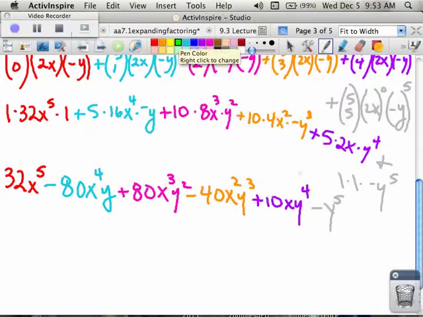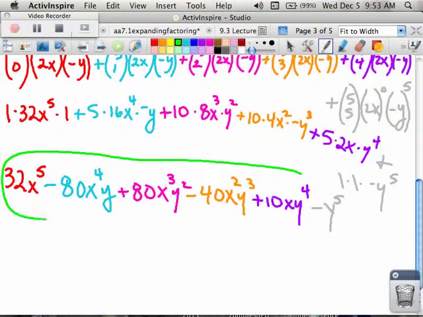So this thing is my final answer. Long process, lots of patterns.